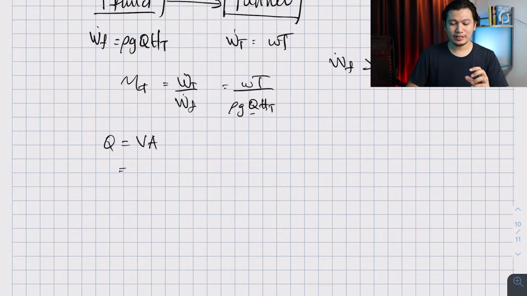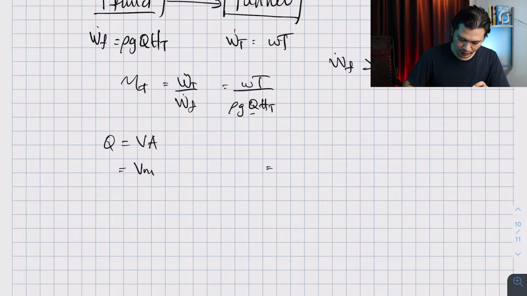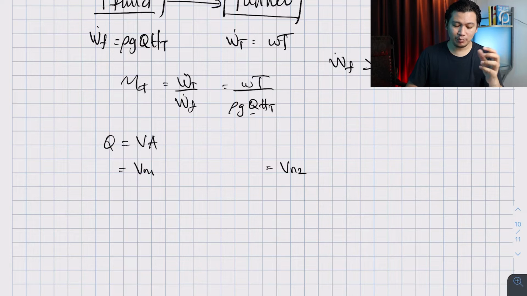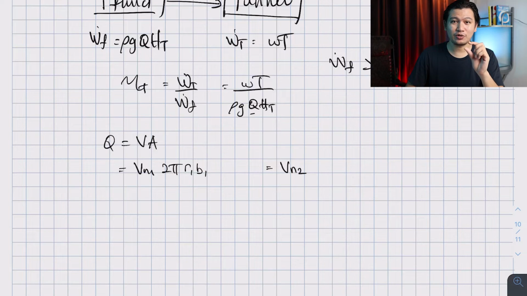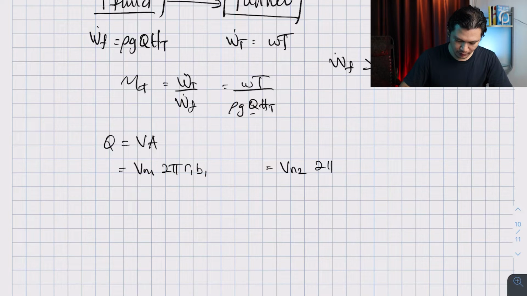So if you are looking at the inlet, the velocity has got to be Vn1, or if you are looking at the exit, it has got to be Vn2. The area, similar to the pump, is 2 pi R1 B1, where B is the thickness or the width of the runner. And if you are looking at the exit, this is 2 pi R2 B2.